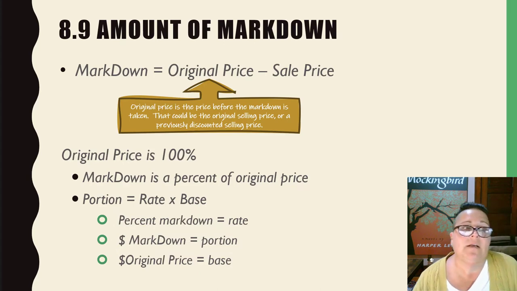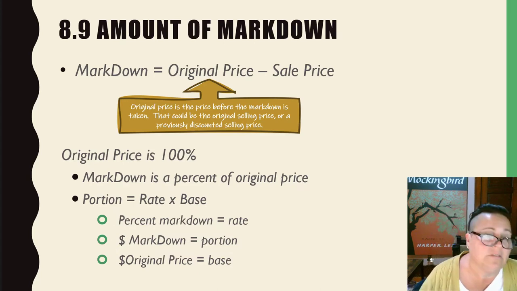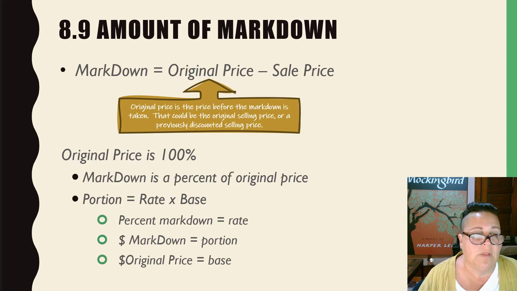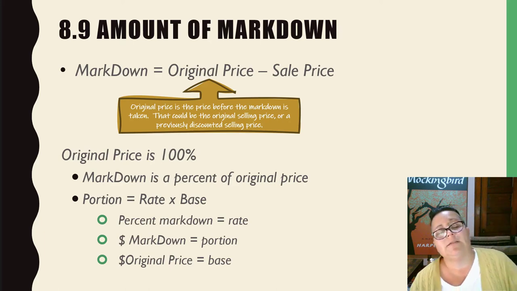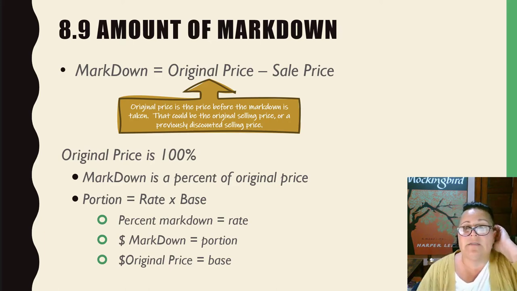When we do a markdown, our original price or last price is our 100%. The markdown is listed as a percent of the original price, and we use the portion is equal to rate times base. In this case, the percent markdown is our rate, the dollar amount of the markdown is our portion, and our original price is the base.